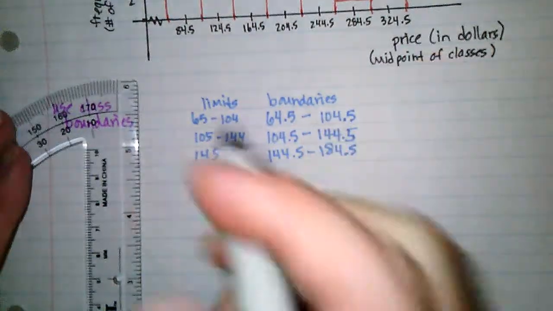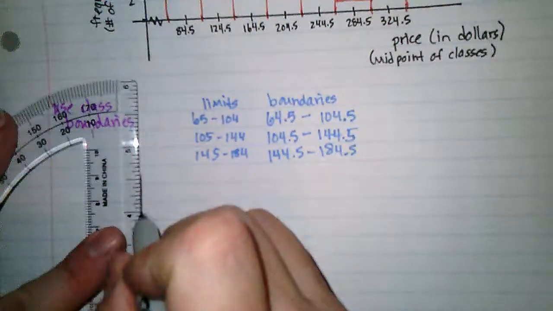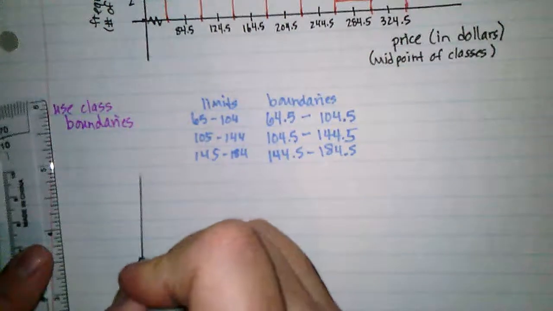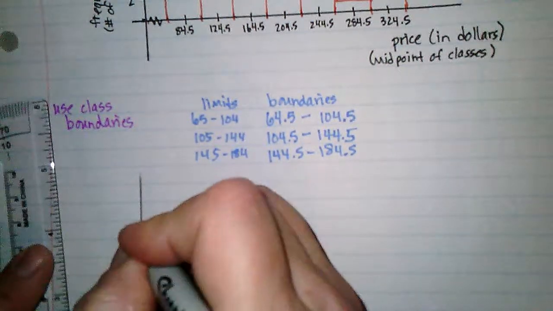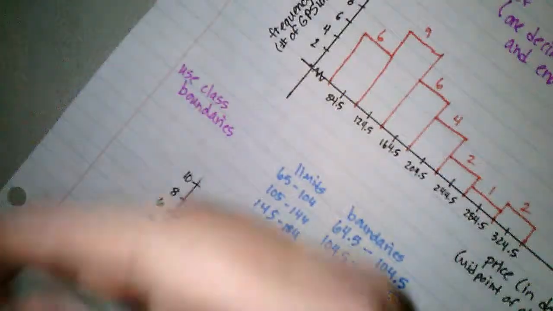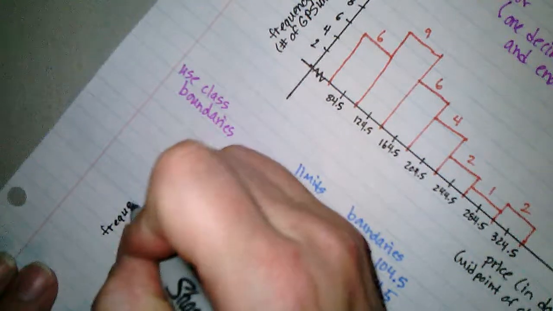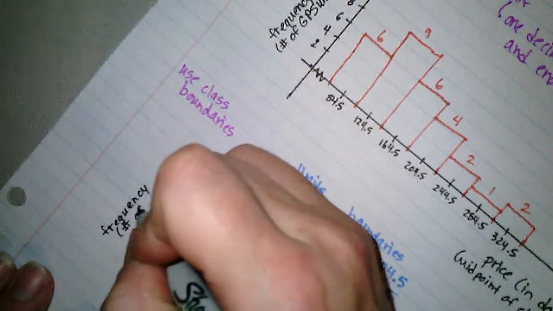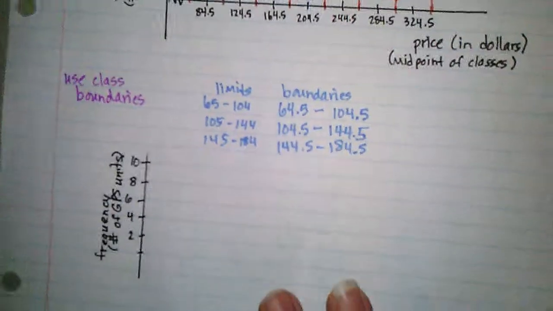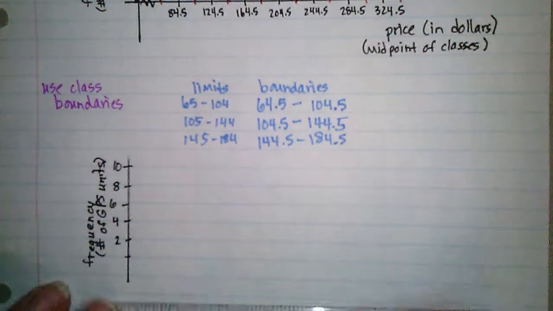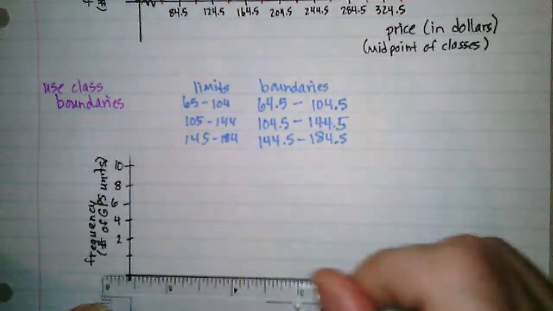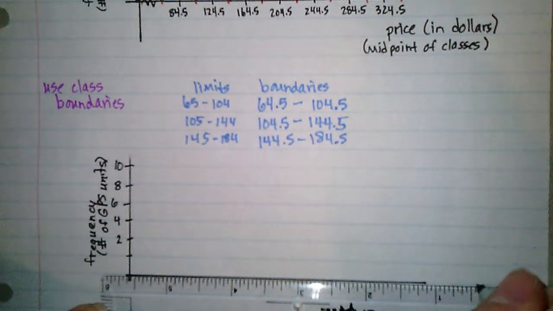So we're going to start it again like we had the last one, with frequency on the vertical axis, or the y-axis. So that'll actually be labeled the same way. Frequency, number of GPS units, and then the horizontal axis will again be price in dollars.